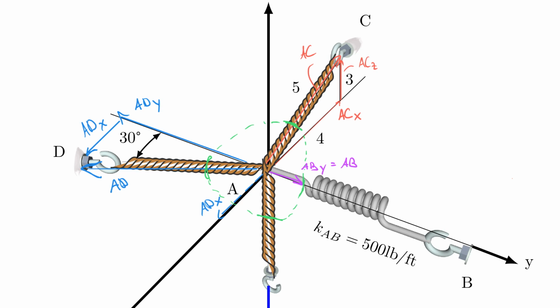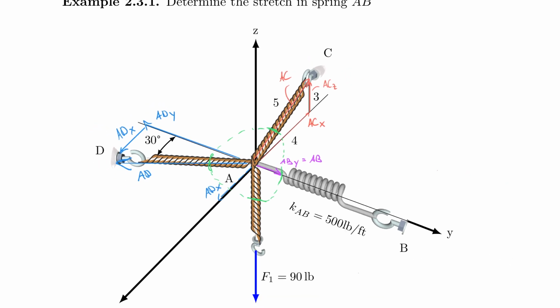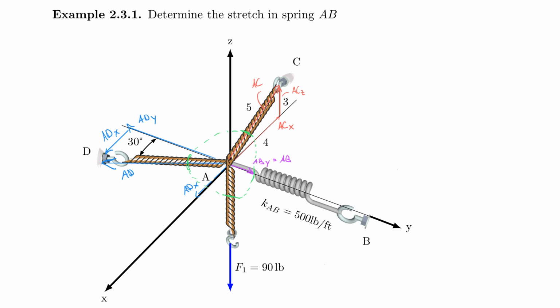And I could, of course, also cut, let's say, here or here or here. But I want to make sure that we all understand that we're pulling on this node here at the origin of the coordinate system. So this is actually a coordinate system for an introductory problem, so that the coordinate system coincides with that free body diagram, if you will. This may be different on later problems, but I hope you understand that we're just looking at that one node.